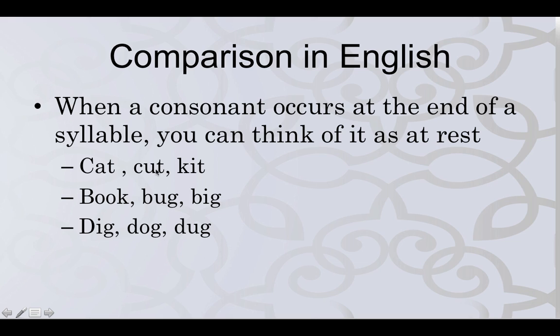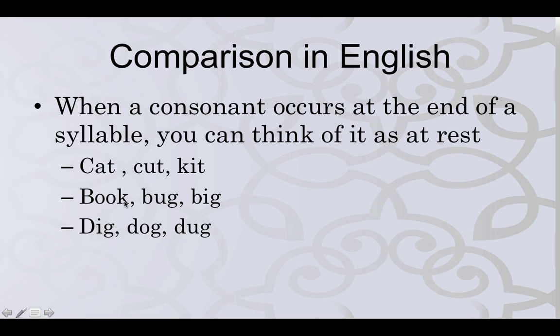The extra vowel would make the T move in some direction. But because there's no vowel after the T, you can think of this T as being at rest. Same thing here: kit, K-I. The K is being moved by the I, but the T is at rest.